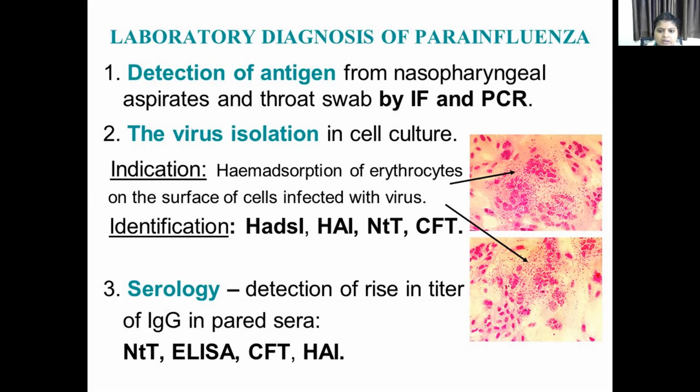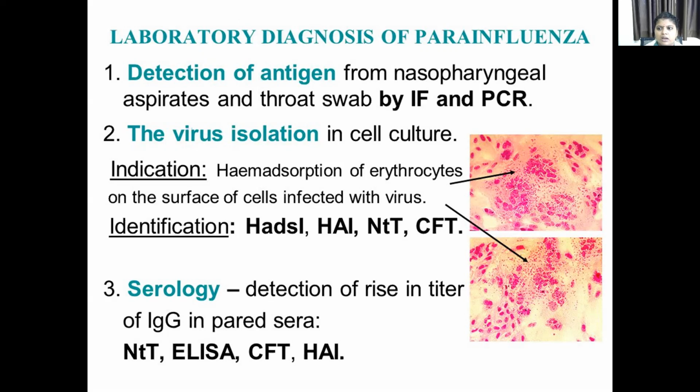The cell lines that we commonly use are HeLa cells, or monkey kidney cell lines, or human amniotic cells, which are also used for virus isolation. Neutralization tests or complement fixation tests are also used for detection of the antibodies. ELISA is also used for detection of the rising titer of the antibodies.